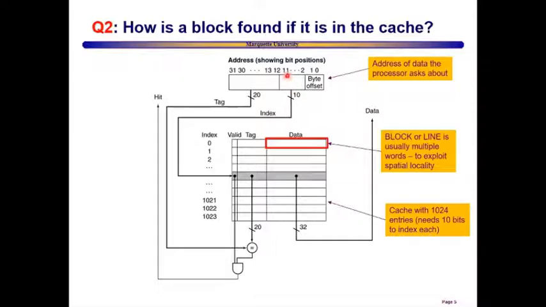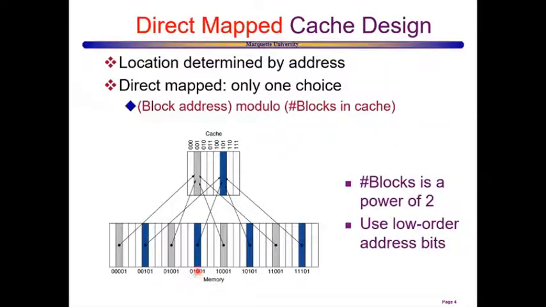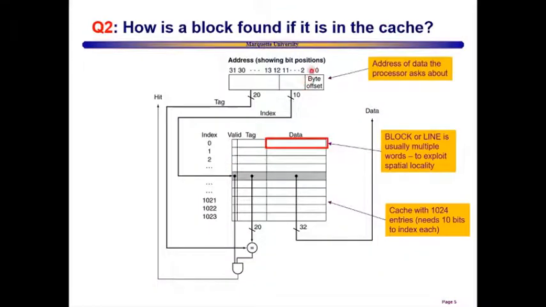But after that, the least significant bits, as we saw over here from the address of a memory entry that maps to a certain cache entry, are utilized, as we saw on the previous slide, to index that many entries of the cache.